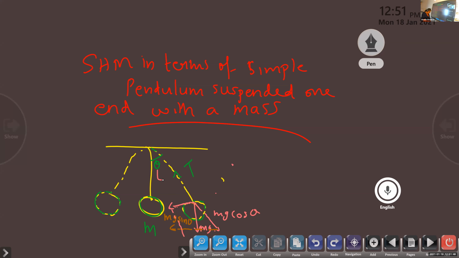Those who don't want to draw, you can follow your textbook, page number 348, figure 14.18. Now you only write the derivation.